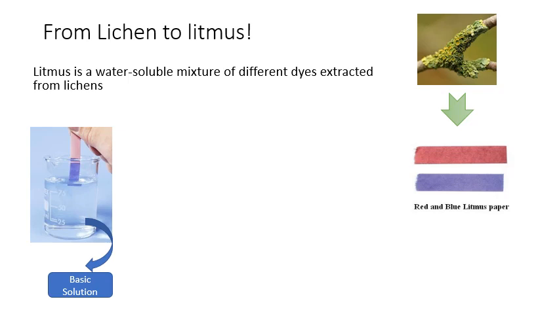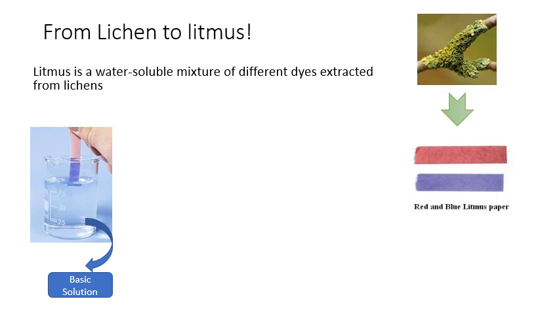Look at it. I'm holding a red litmus paper in my hand and dipping it in the beaker. The color of that litmus paper has changed to blue, thus indicating that the solution in my beaker is a basic solution.